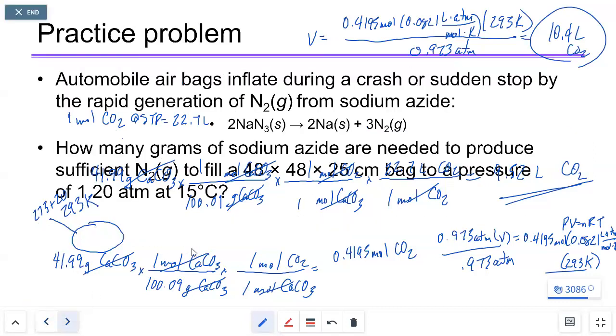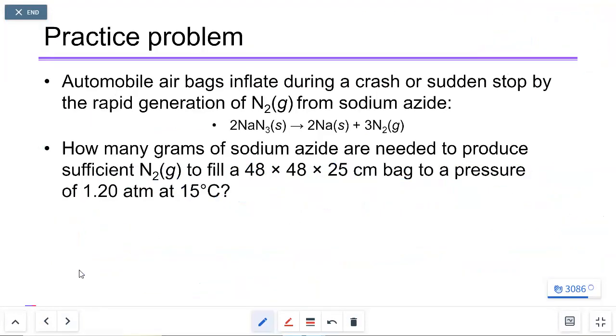I do have one other practice problem here. I would invite you to try that out on your own. The answer is in the annotated PowerPoint that is in Blackboard. So if you're curious about how to go about doing that, the key to this, these three dimensions, centimeter times centimeter times centimeter, if I multiply them together, I get cubic centimeters.